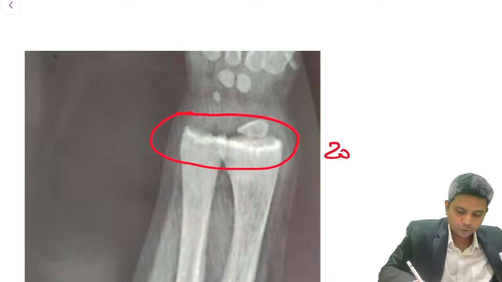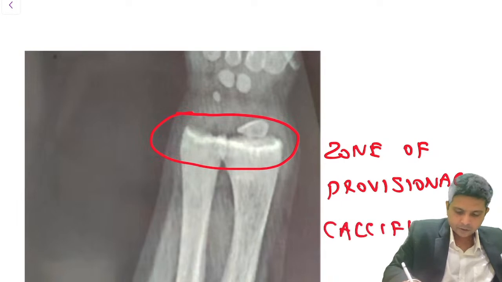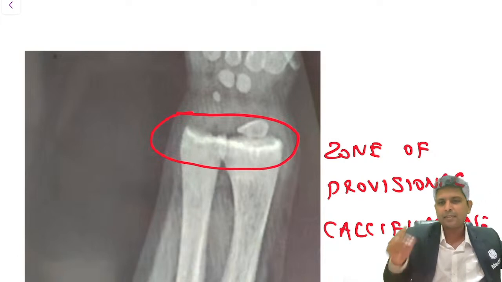This is called the zone of provisional calcification. This is in case of true nutritional rickets.